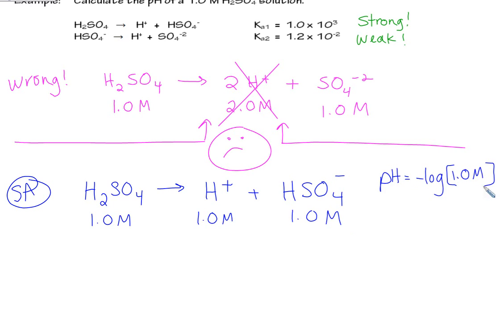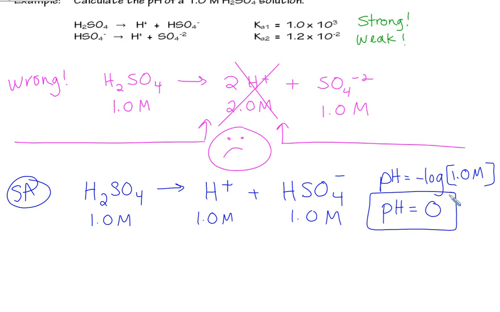The opposite log of 1. pH is 0. Here's another thing. Sometimes people hear the pH scale goes from 1 to 7, or 1 to 14, and so when they get a pH of 0, they'll be like, I don't know if that's okay. Oh yeah, that's fine.